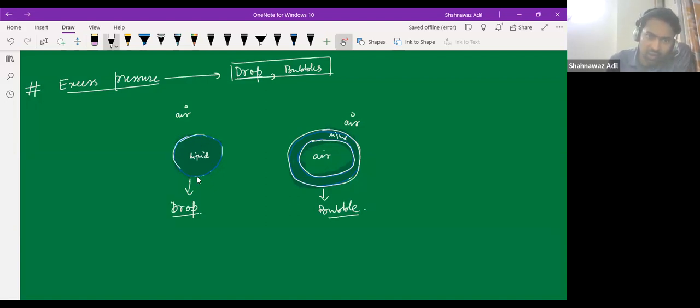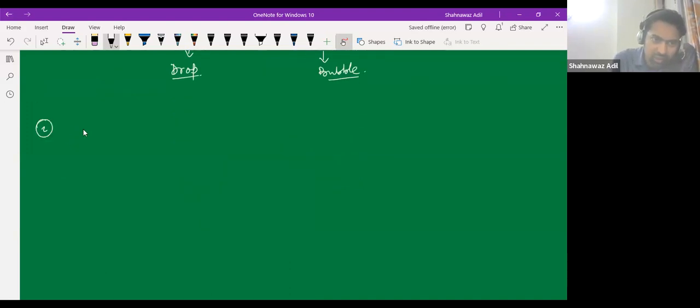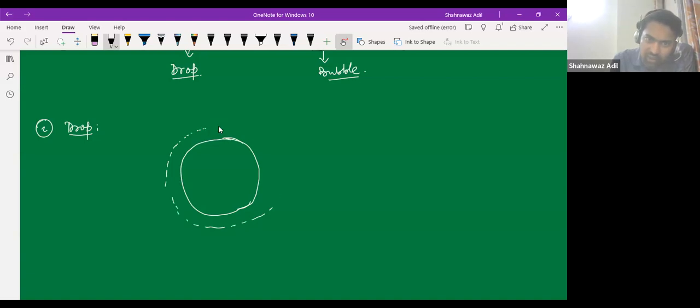Okay, so now for the case of the water drop, we will calculate the excess pressure. Let's take the drop. What we are doing is increasing the area of this drop. This we will understand later.